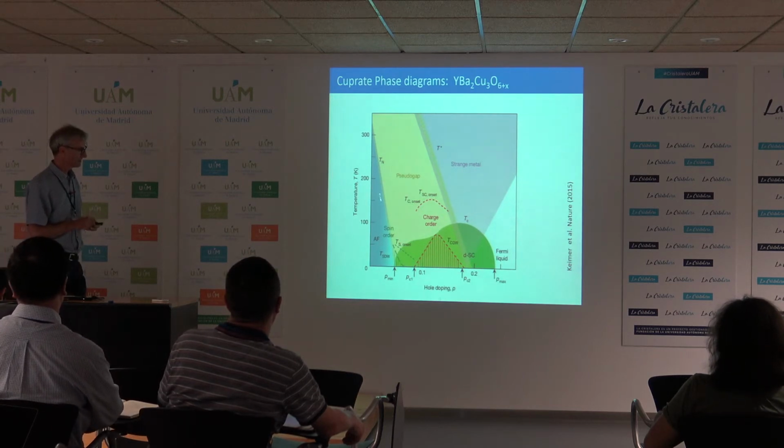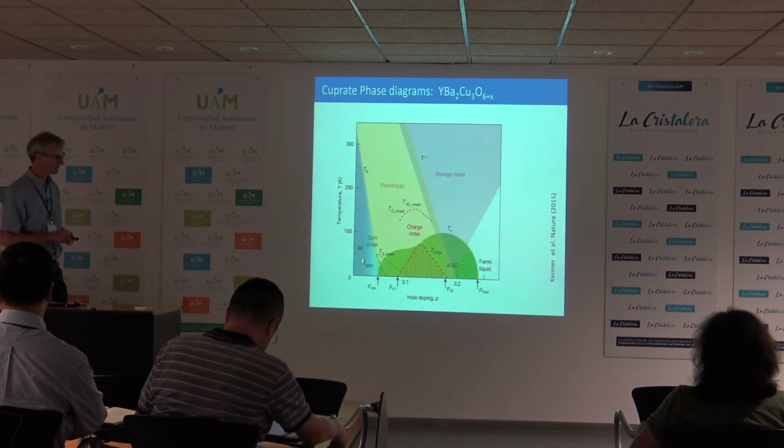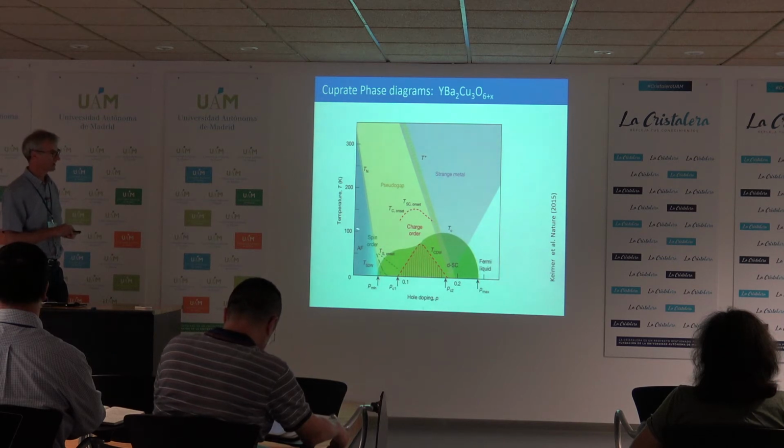Just to remind you then, if we want to measure the excitations across here, just to try and understand why one might get this high transition temperature and how the excitations might vary as we go across this, that's what we'd like to do. So I'd like to start with the antiferromagnet, and I'll show you different data for the underdoped and optimally doped superconductors to show you how things evolve across here.